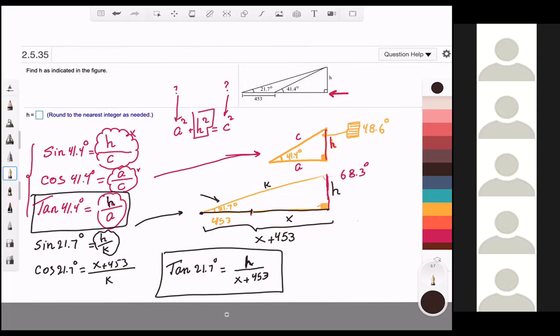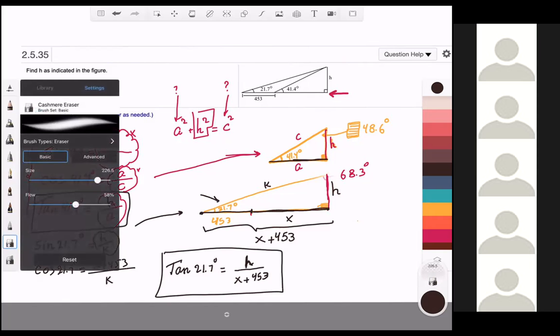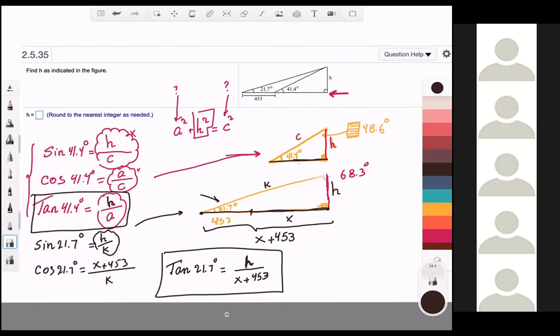Good. So this X and A are exactly the same. So I'm going to make this one X as well. Does that make sense?